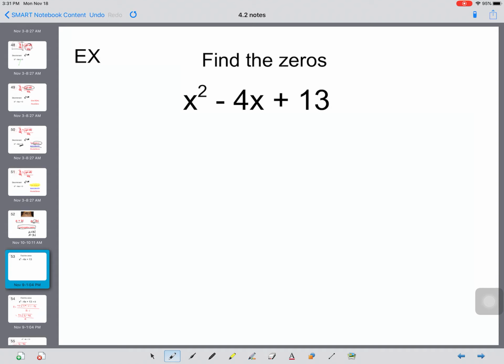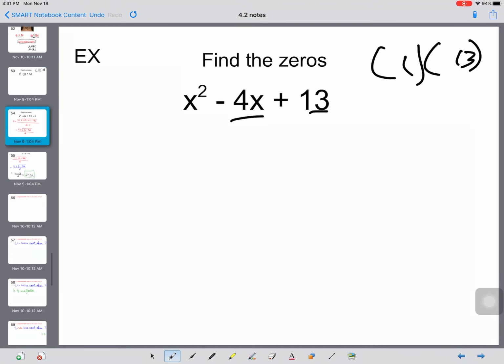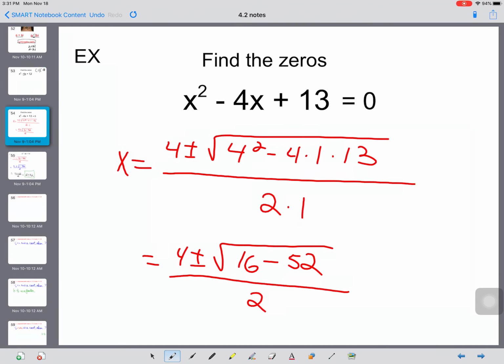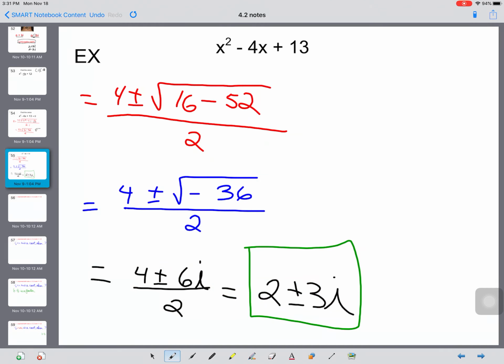Let's find the zeros of this. You might try to factor it first, but 13 is a prime number, and it's just going to be 1 and 13, and you can't get a 4 out of that no matter what you try. So we're going to plug that into the quadratic. So opposite of b, plus and minus, square root of b squared minus 4 times a times c. 4 times 13 gives me 52, and when I do this subtraction, I'm going to end up with the square root of a negative.